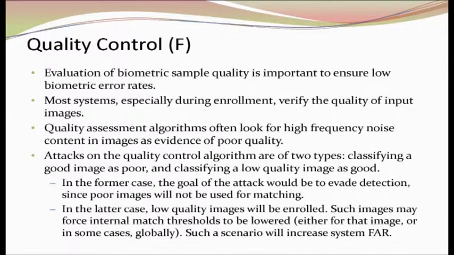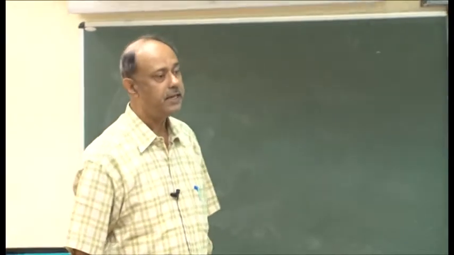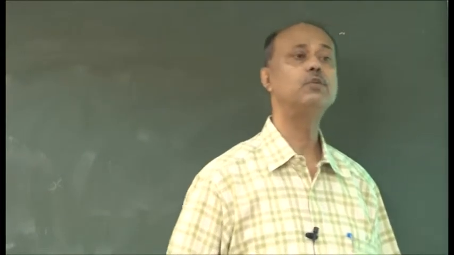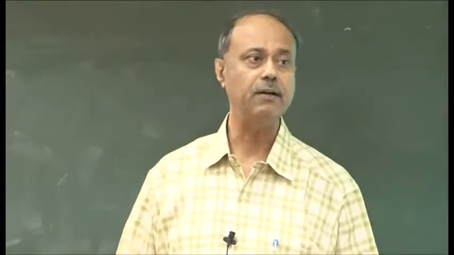So, you will be verifying, and remember one thing, that this is a factor where you can always declare that quality is poor. Even if it is poor quality data, you can tell that no, it is good. If it is good quality data and you tell it is poor, then you are throwing him out of the enrollment.